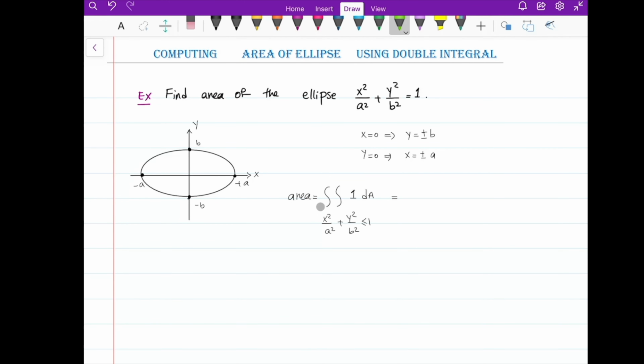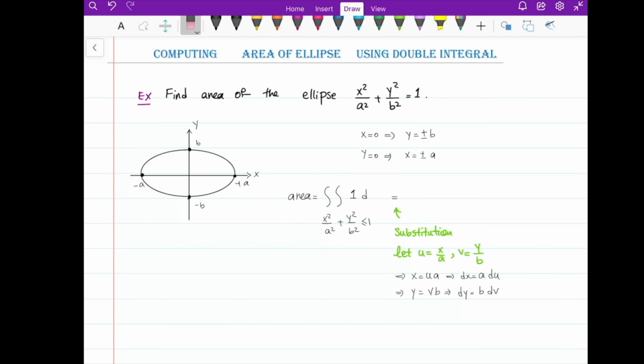Now to solve this, because I have the equation of an ellipse here, I'm going to use substitution, and I'm going to let u be x over a, and v be y over b, okay? In that case, x is equal to ua, so dx would be a du, and y is vb, so dy would be b dv.